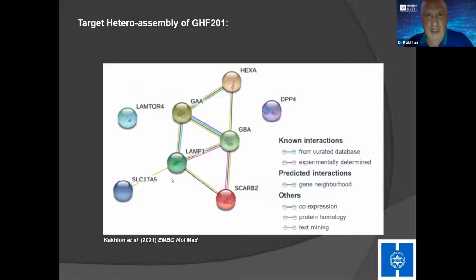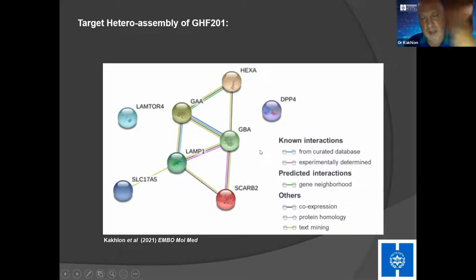And this is shown here by this string diagram, and you can see all these proteins are found in this heteroassembly, in this liquid crystal, which means they all act together. They are all targets, direct or indirect, of GHF201. So it interacts with this family, if you will, or heteroassembly of proteins.